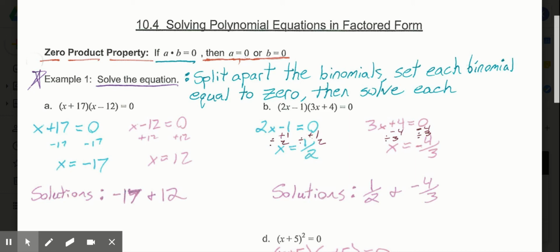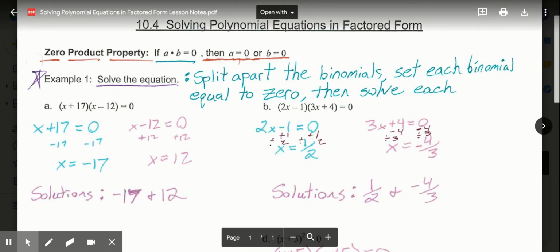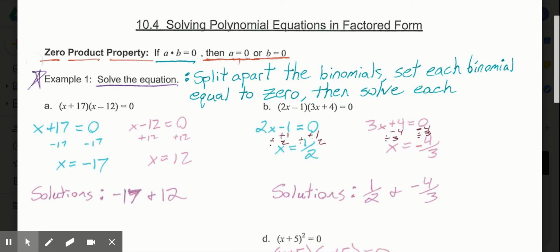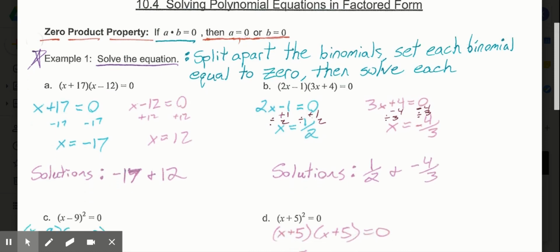That means x equals 1/2. In the second part, 3x plus 4 equals 0, we first subtract 4 from each side and then divide by 3. So x equals negative 4/3. Our two solutions there would be 1/2 and negative 4/3.